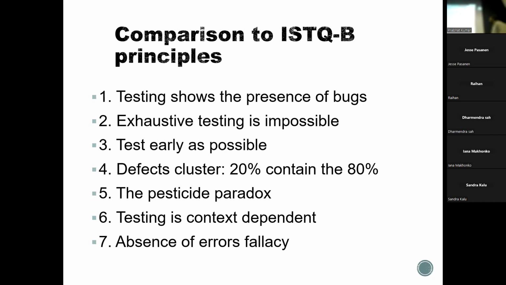Testing is context dependent. Then the absence of errors fallacy: it might be possible that there are no errors in the software, but still we cannot claim the software is 100% bug free. The bugs can come when it is being used by the actual users, even though you are not getting any errors or bugs during your testing phase.